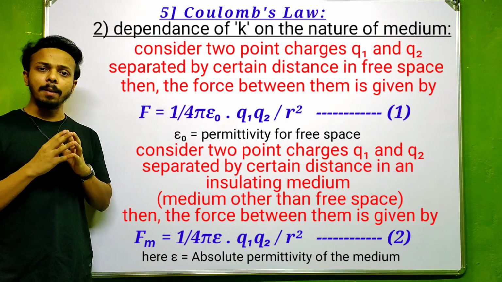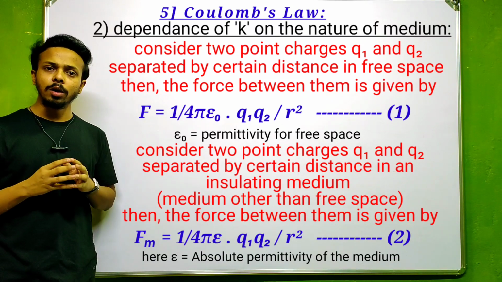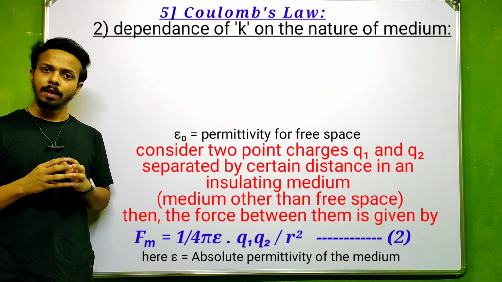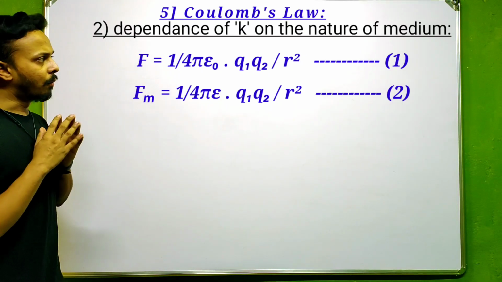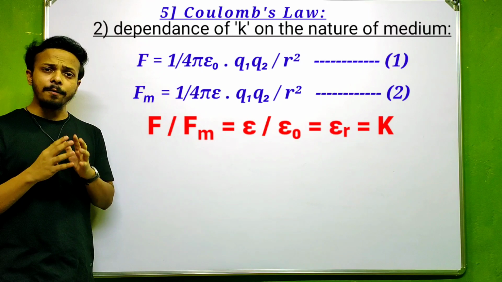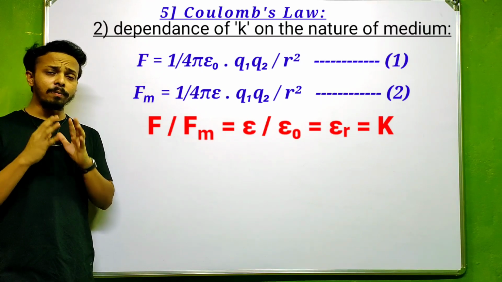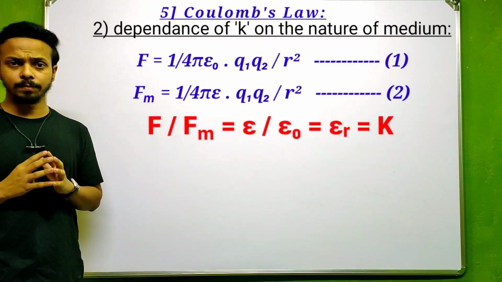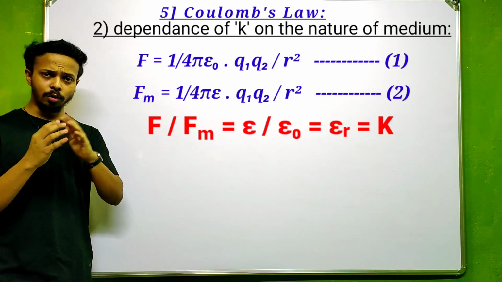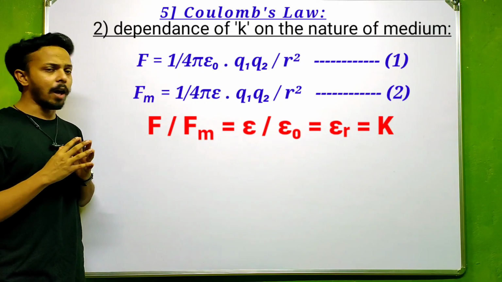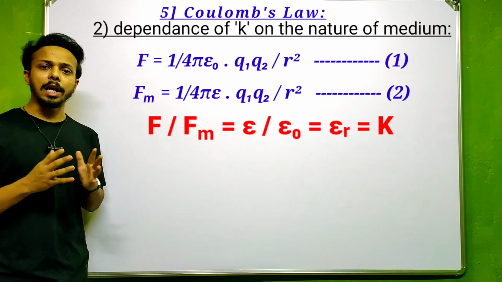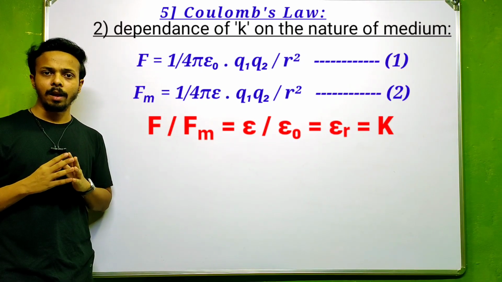Now let us compare equations 1 and 2 by taking their ratio. After taking the ratio, we find that F divided by Fm is equal to epsilon divided by epsilon naught.